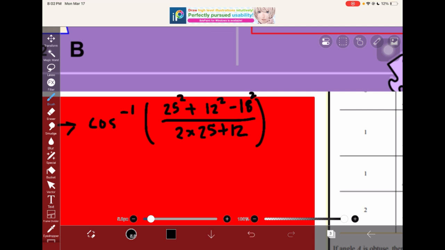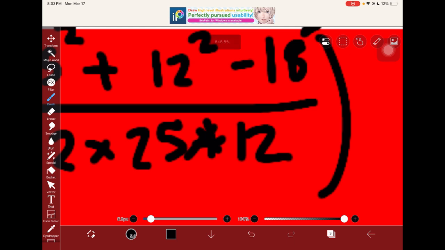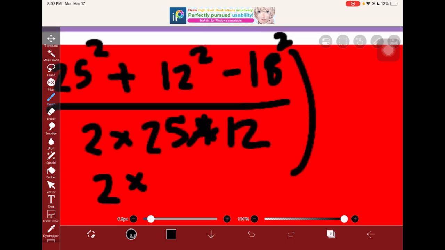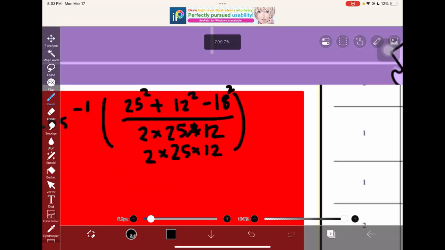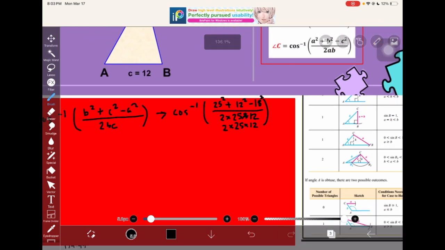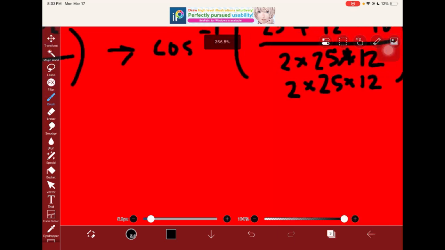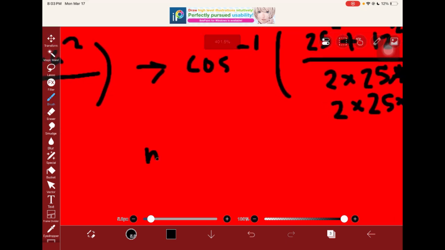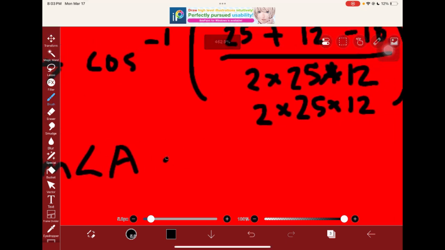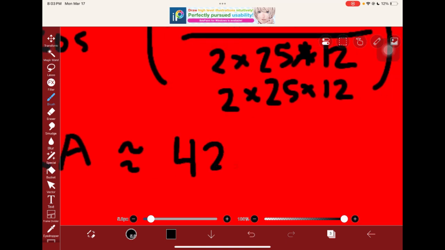Shift cosine inverse, make a fraction: 25 squared plus 12 squared minus 18 squared, all over 2 times 25 times 12. Then we calculate that, and the measure of angle A is approximately 42.13.